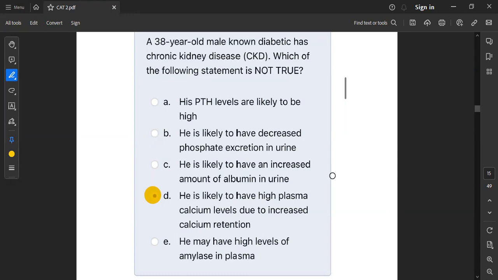So the body tends to look for that calcium somewhere else, most probably the bone. So what will it do? It will prompt the thyroid gland to produce more parathyroid hormone, right?